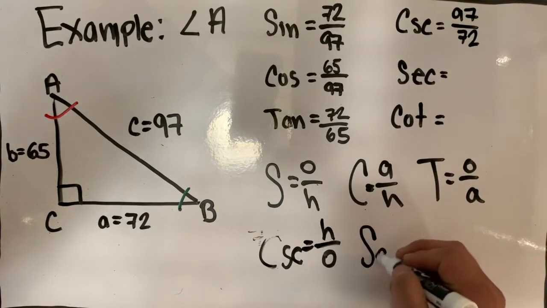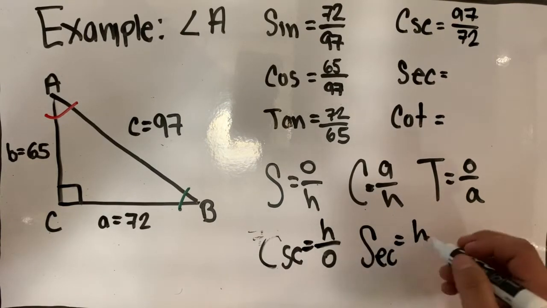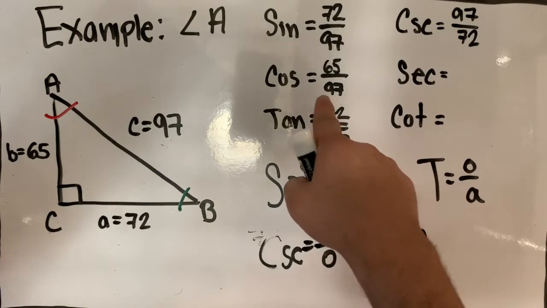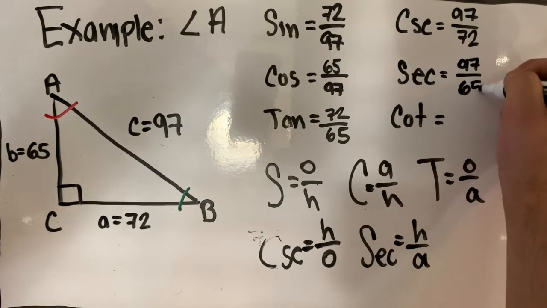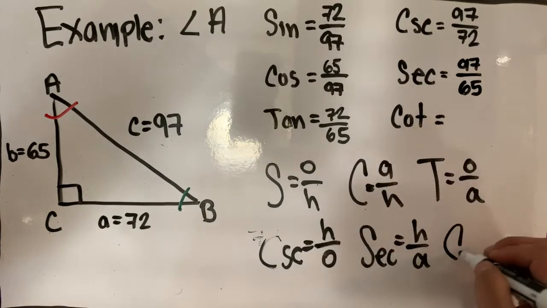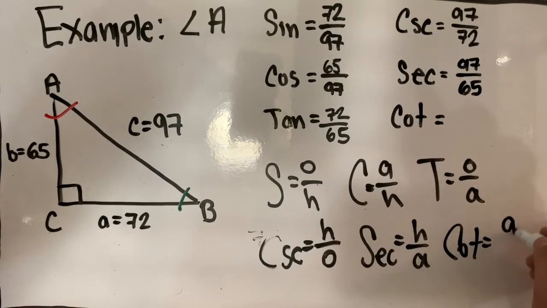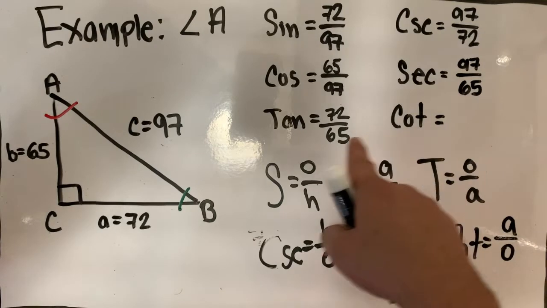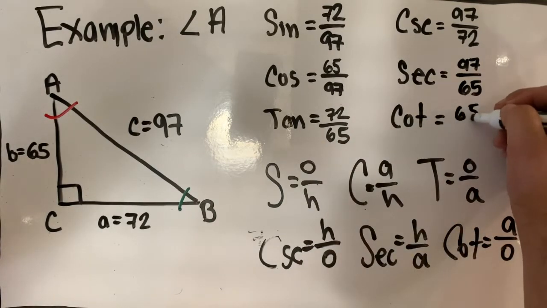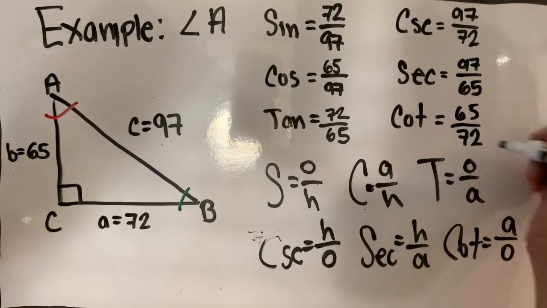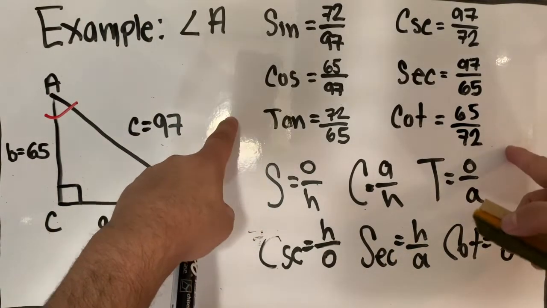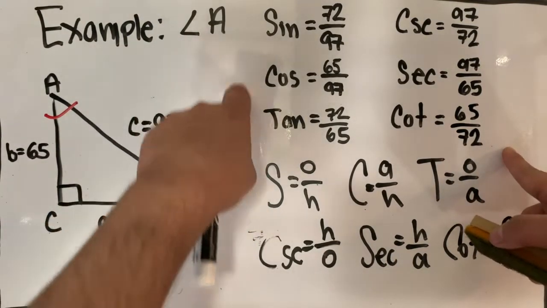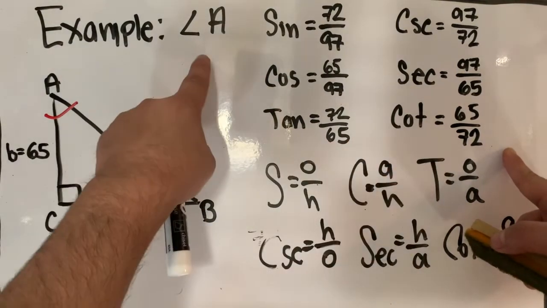Secant is equal to hypotenuse over adjacent. This means 97 over 65. And cotangent is equal to adjacent over opposite. That is equal to 65 over 72. And with this, we find out all the 6 different functions for angle A.